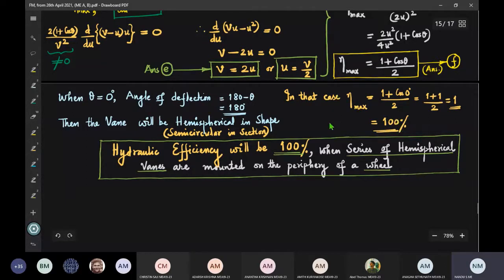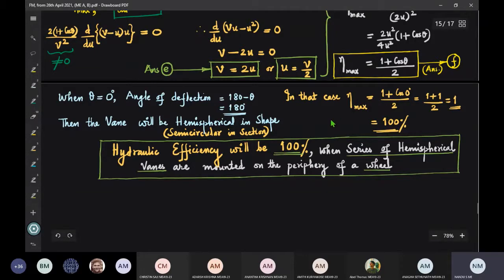See, this hydraulic efficiency theoretically becomes 100% under all the assumptions we made, when we use a series of symmetrical curved vanes, in this case hemispherical vanes, fitted on the periphery of a wheel, and the jet is striking at the center.